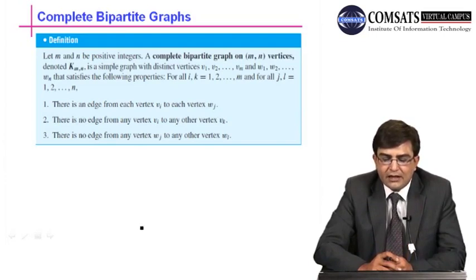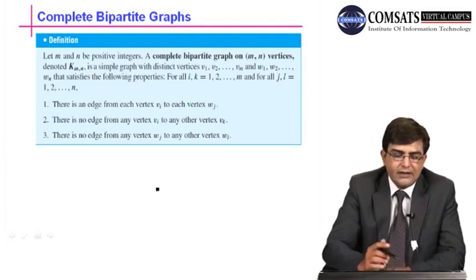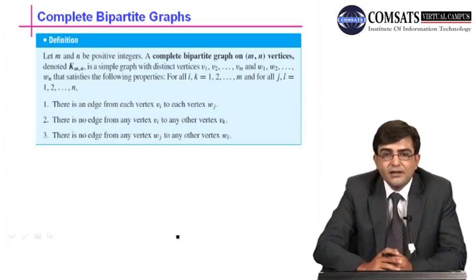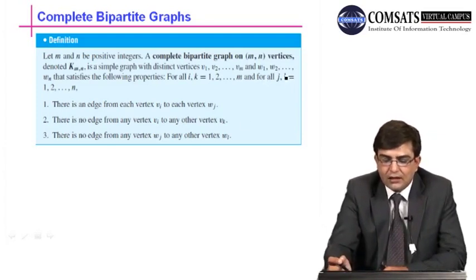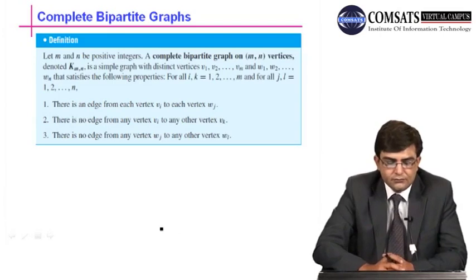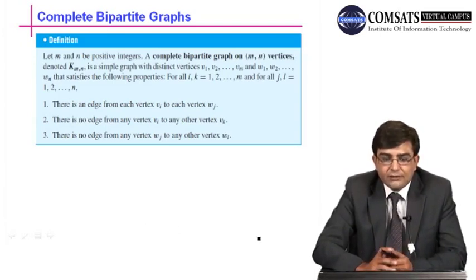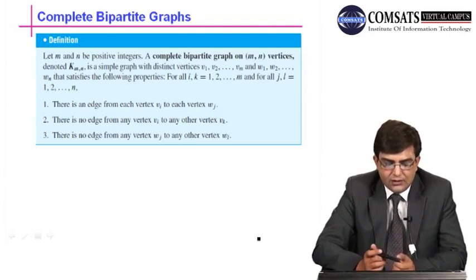A complete bipartite graph on m, n vertices, denoted by Kmn, is a simple graph with distinct vertices v1, v2, and so on up to vm, and w1, w2, and so on up to wn, that satisfies the following properties: for all i and k from 1 to m, and for all j and l from 1 to n. So what are the properties of these graphs, or what are the conditions to draw such types of graphs?